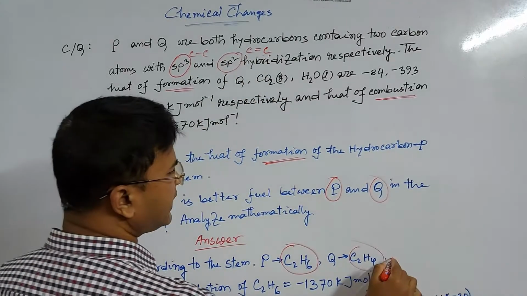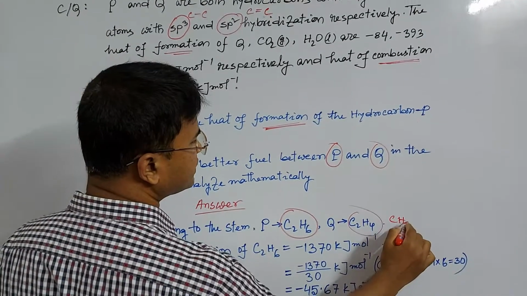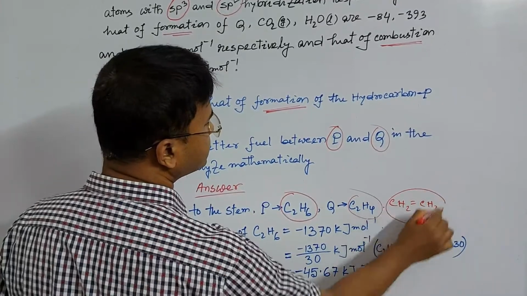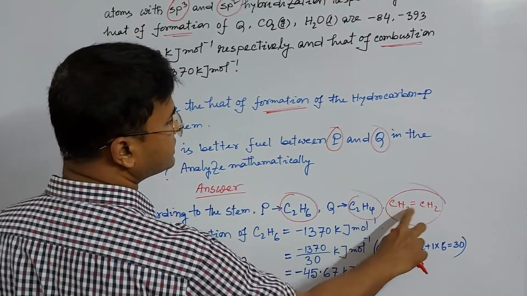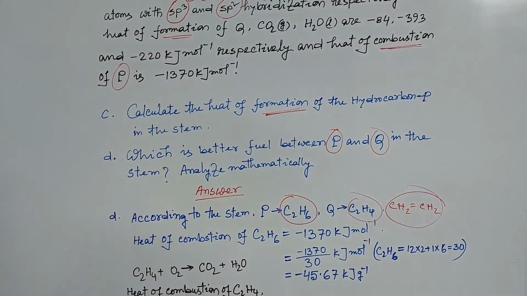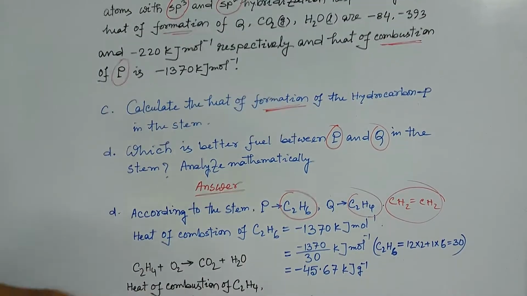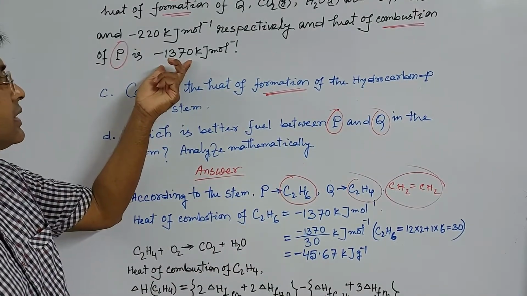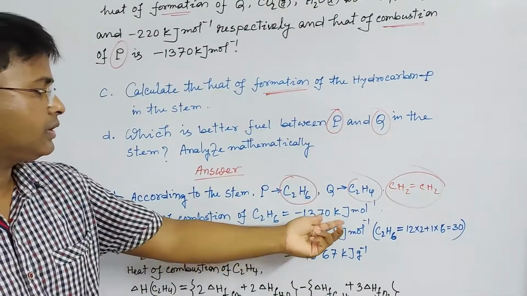So the structural formula of this compound is CH2=CH2, and the molecular formula is C2H4. However, the heat of combustion of ethane given in the stem is minus 1370 kilojoule.